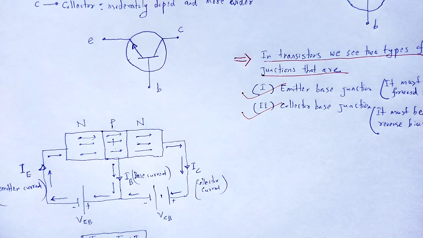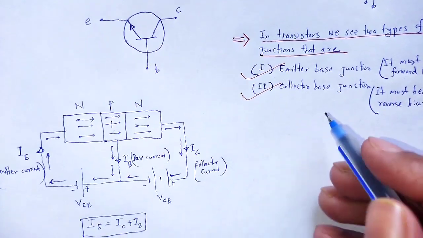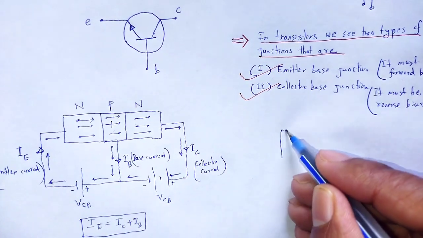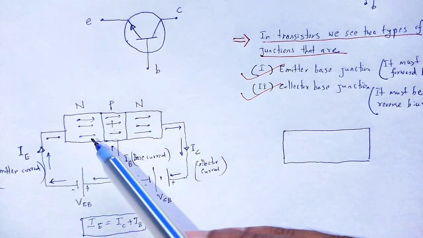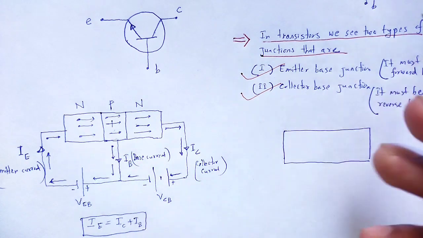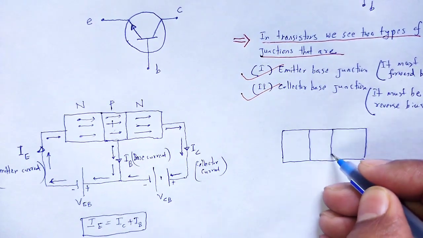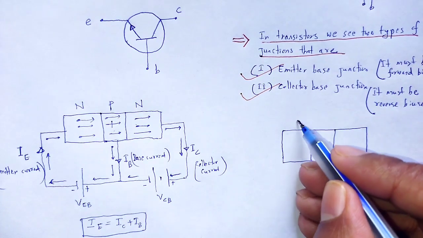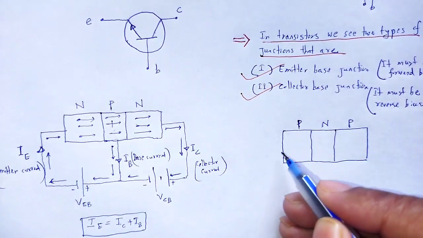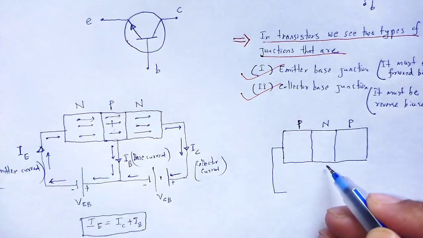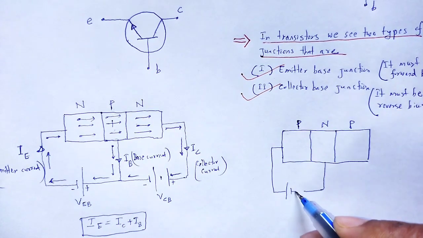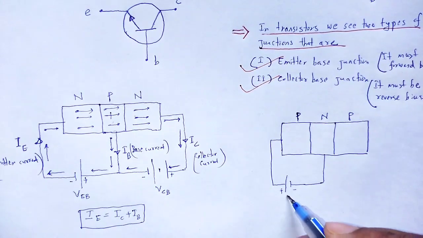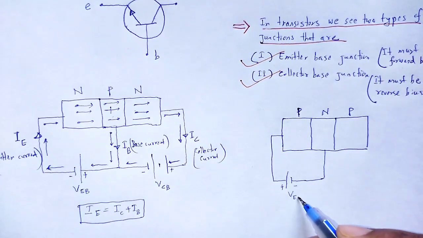Similarly, in the case of a PNP transistor, the current flow mechanism is the same as that of an NPN transistor. Here the charge carriers are holes, whereas in NPN they are free electrons. In PNP, the emitter base junction is forward biased: P type is connected to positive, N type is connected to negative, giving the emitter base potential.